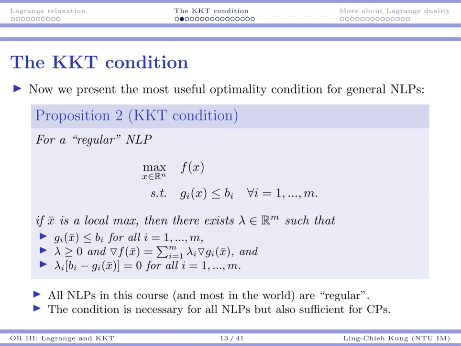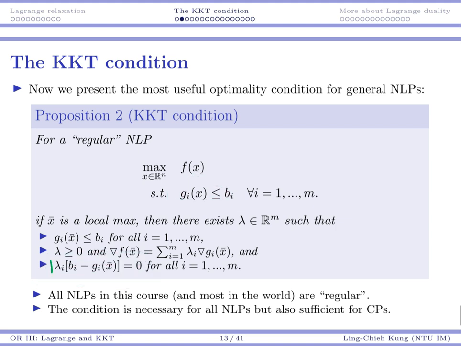And lastly, your lambda and your b minus g should multiply to 0. This is also somewhat familiar. This is the complementary slackness from linear programming, right? In some sense, you have a constraint, and for a constraint you have slack. b_i minus g_i is your slack. Your primal slack times your dual variable gives 0. That's complementary slackness.